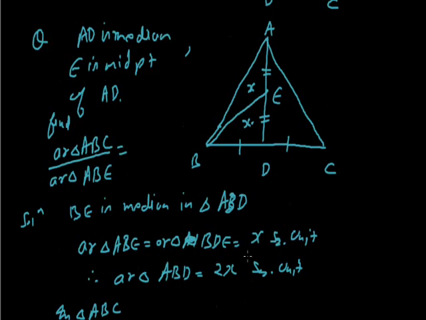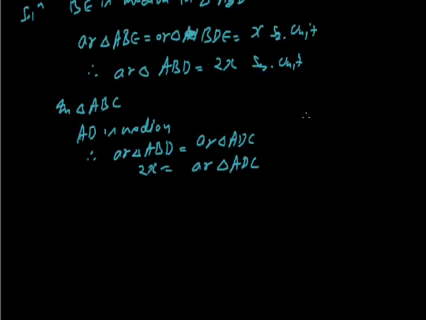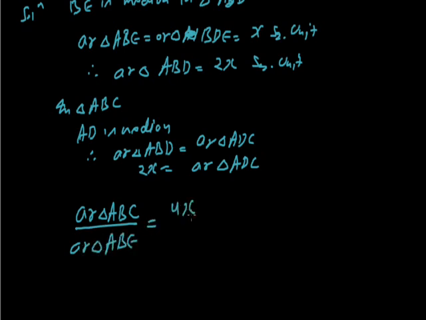So from this figure we can say the ratio of area of triangle ABC to the area of triangle ABE. The area of triangle ABC is 4x square units and the area of triangle ABE is x square units. So the answer is 4 is to 1.